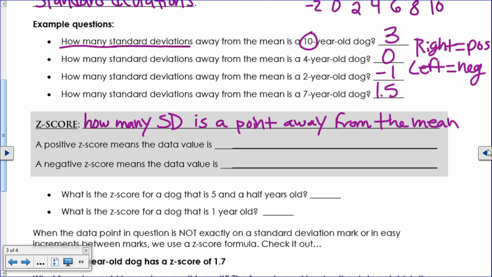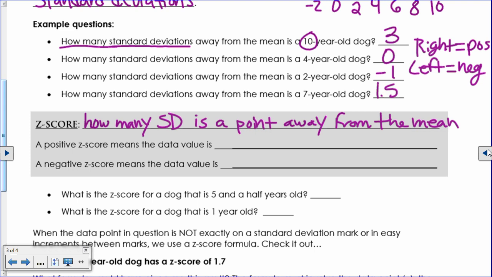How many standard deviations is a point away from the mean? That is the definition of a z-score. So instead of saying how many standard deviations away, I could say what is the z-score for a 10-year-old dog? They both mean the same thing.